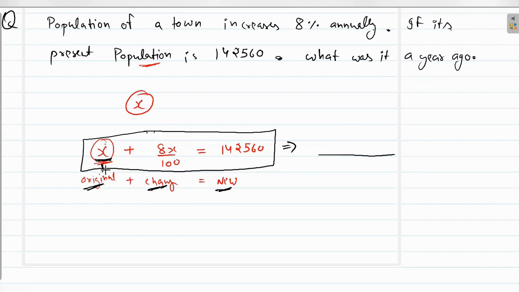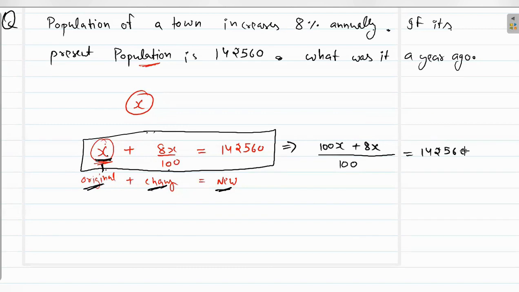One denominator is 1, the other denominator is 100. So what will be their LCM? 100, yes or no? Yes. Then 1 becomes 100, so this x will become what? x needs to be multiplied by 100 as well. We get 100x plus 8x, which remains the same, is equal to 142560.